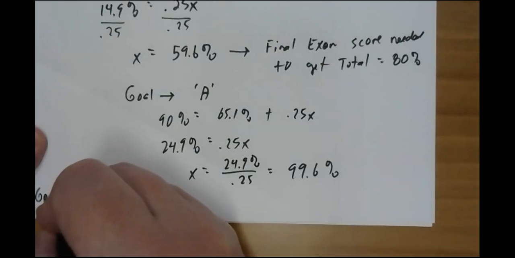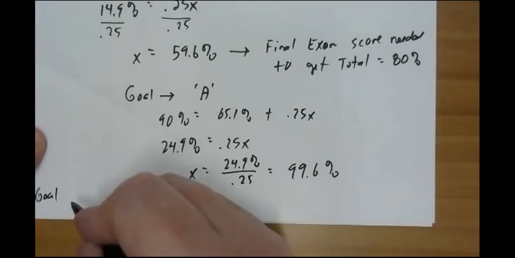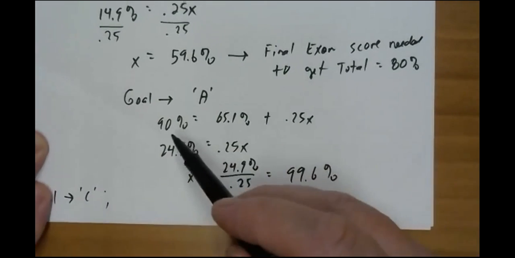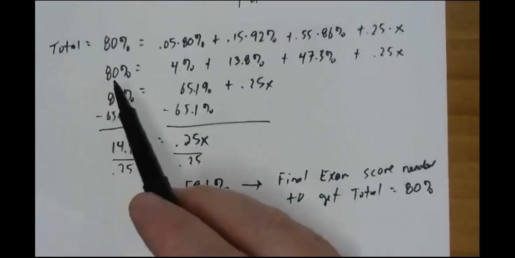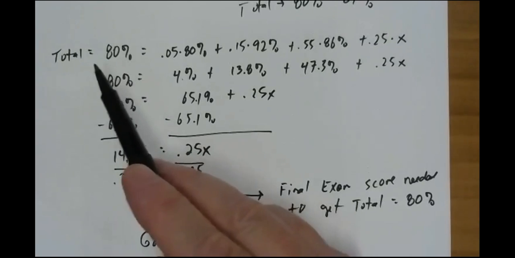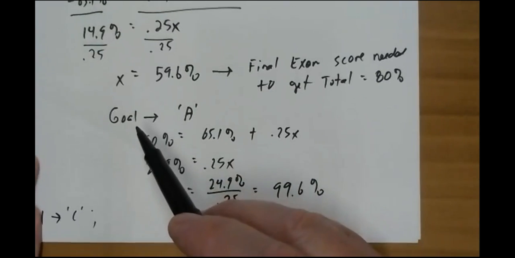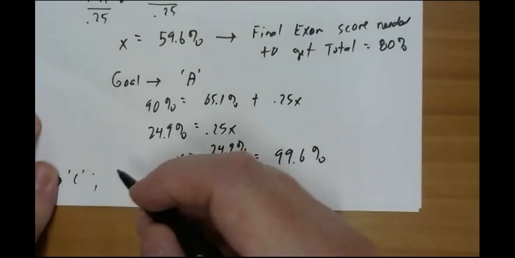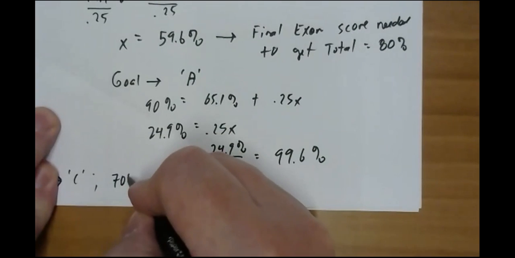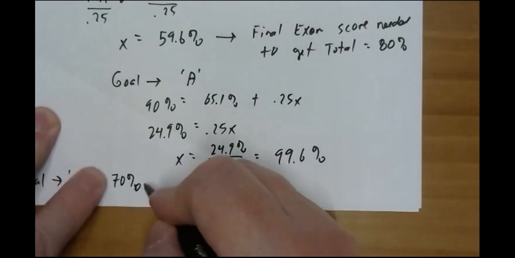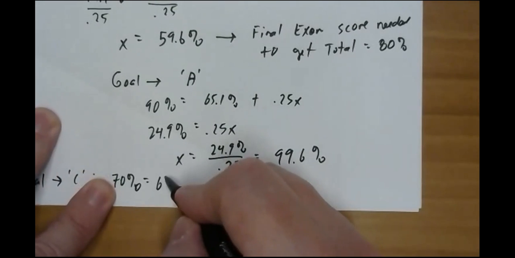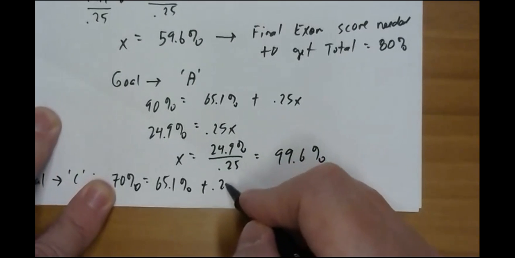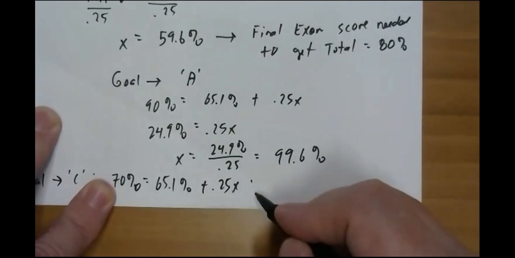So see if I can squeeze it in here. The goal is to get a C. So now, for a B, we put in 80% for the total. For an A, I put in 90%. Well, for a C, I put in 70%. So I put in 70% equals 65.1% plus 0.25.